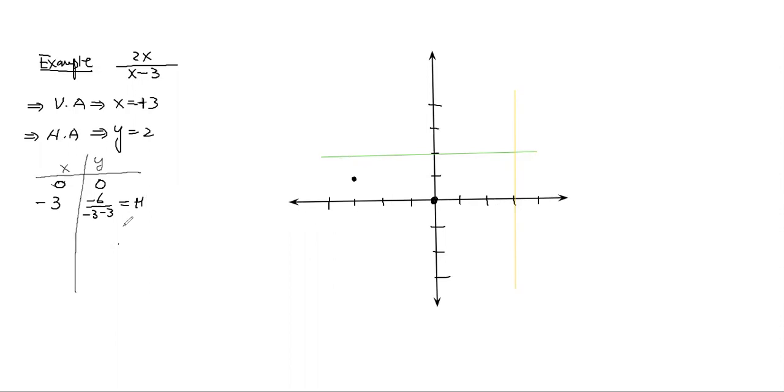Then let's choose x equal to 2. Then the numerator is 4, and 2 minus 3 is negative 1, so it's negative 4. So I said at 2 the value is negative 4, so it goes down here. Okay, so I got my function, and it goes like this.